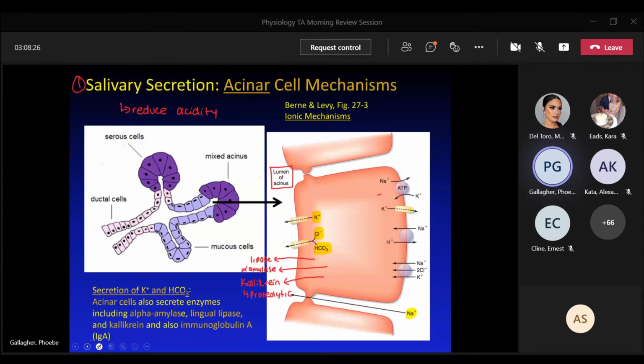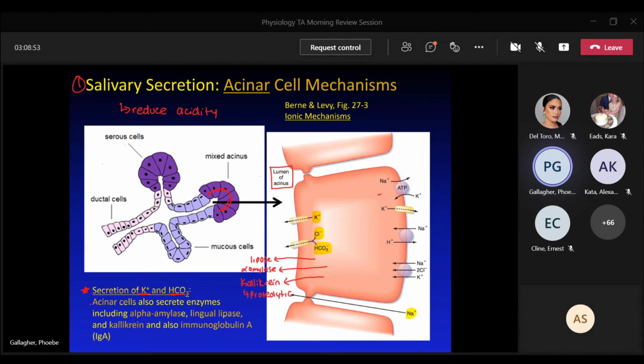But the next couple slides are probably more important in terms of memorization. So this is your acinar cells. This is like the bubble part of the gland. So these are going to secrete your isotonic fluids, your sodium chloride, but that's not super important right now. The important secretions that you need to know are potassium and bicarb, because that's going to make up the most of your saliva.